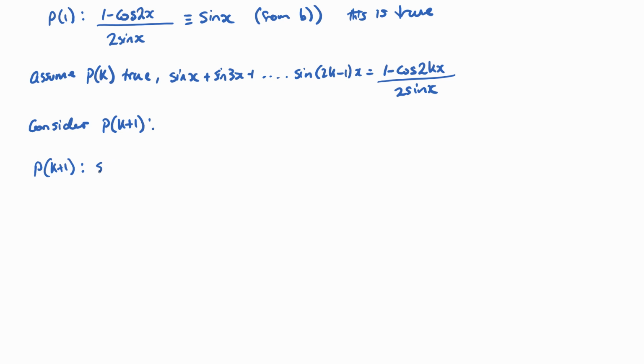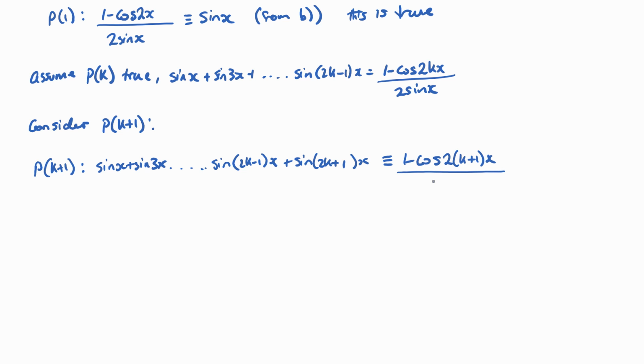This expression is essentially going to be the same as above: sine x plus sine 3x all the way to sine of (2k minus 1)x, and then also plus sine of (2k plus 1)x, and hopefully we want to make that equivalent to (1 minus cos of (k plus 1) 2x) all over 2 sine x.